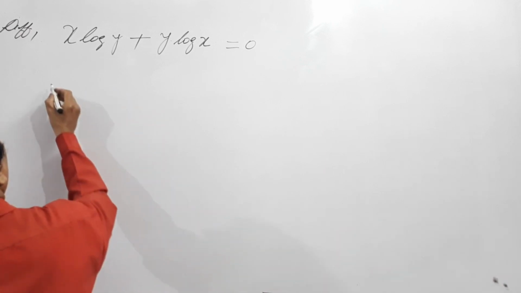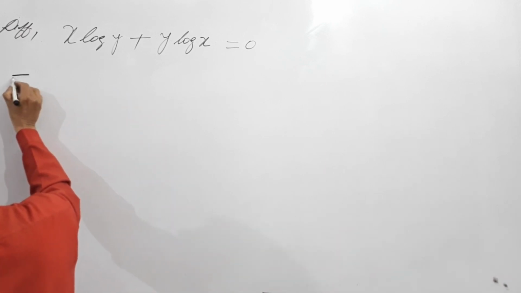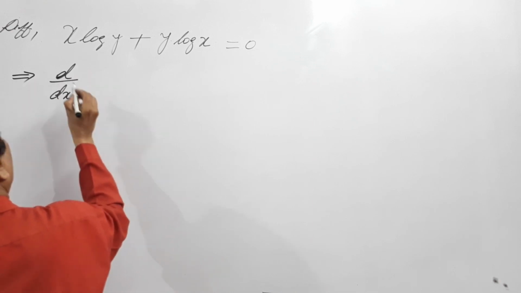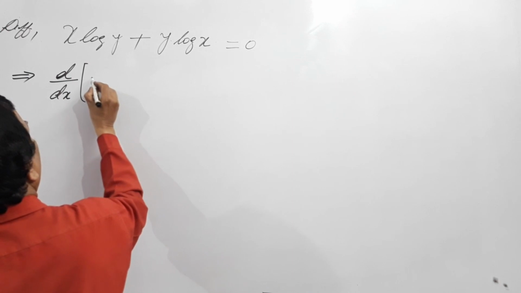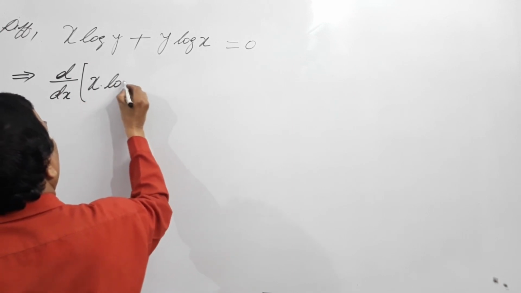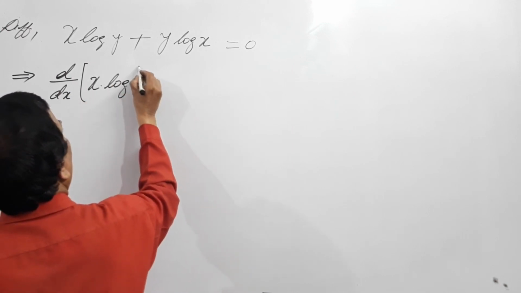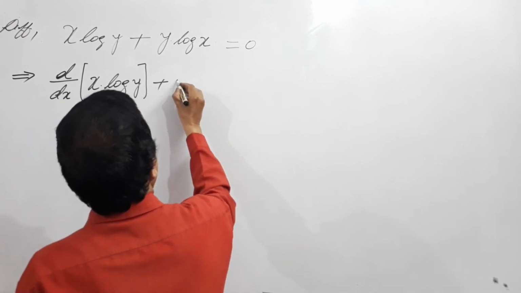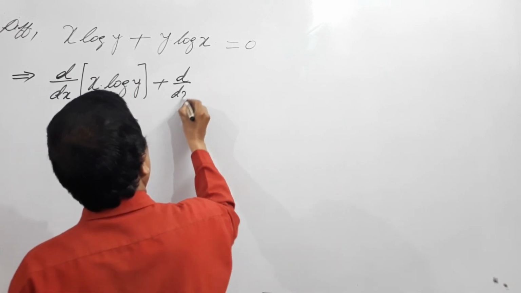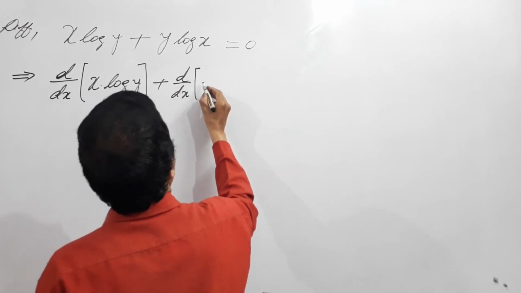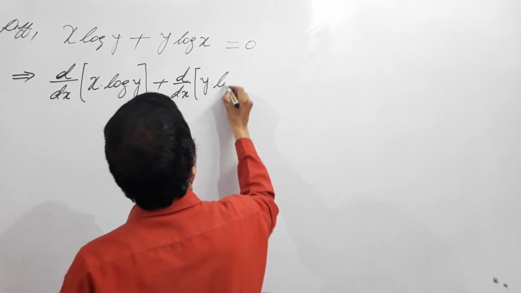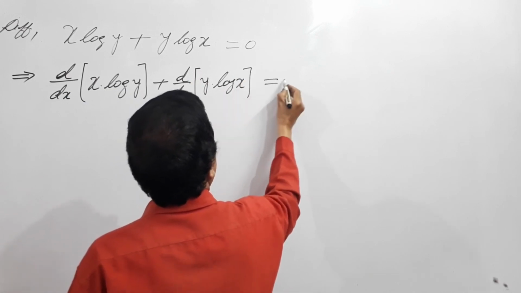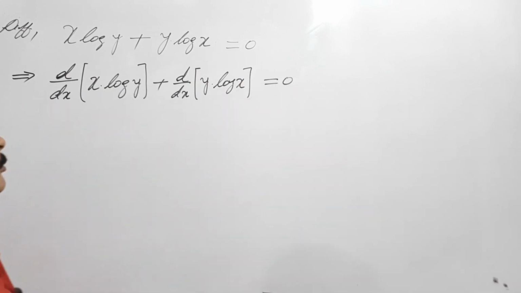So this is d by dx of x log y plus d by dx of y log x equals 0.